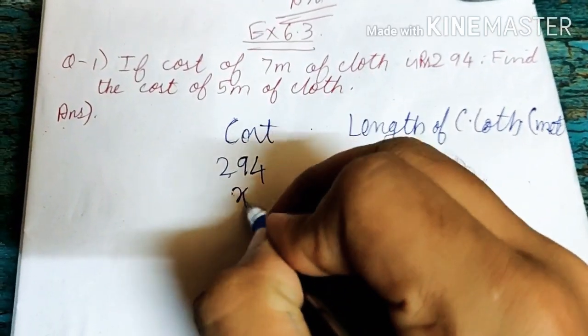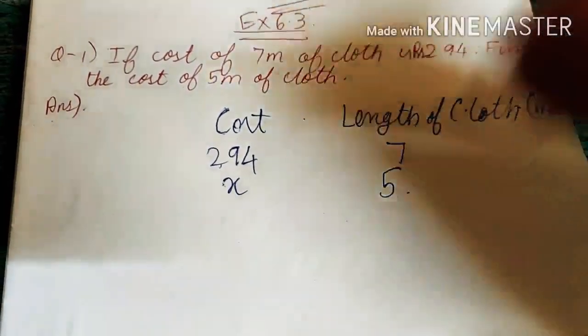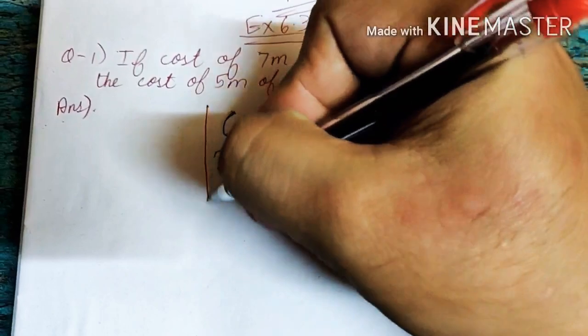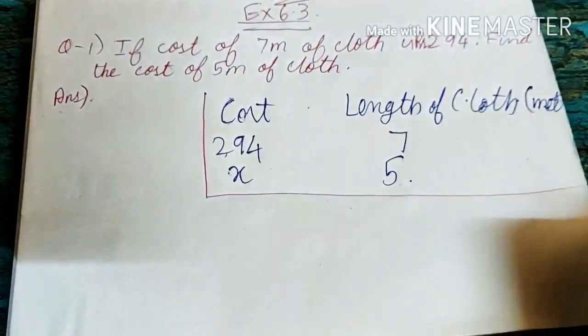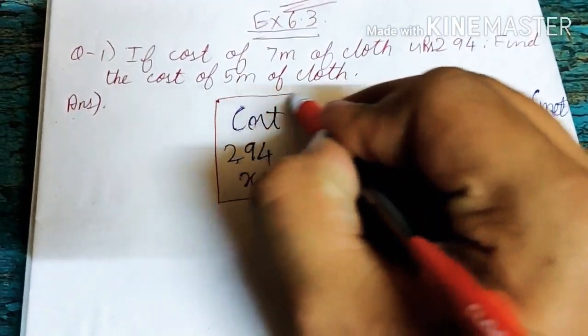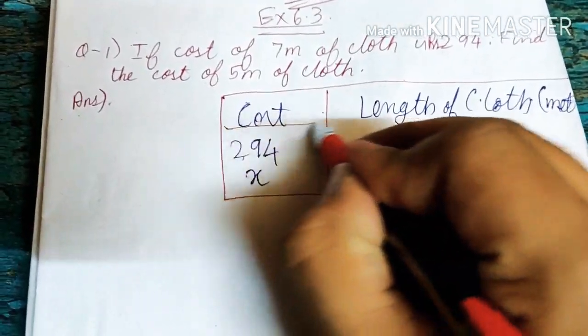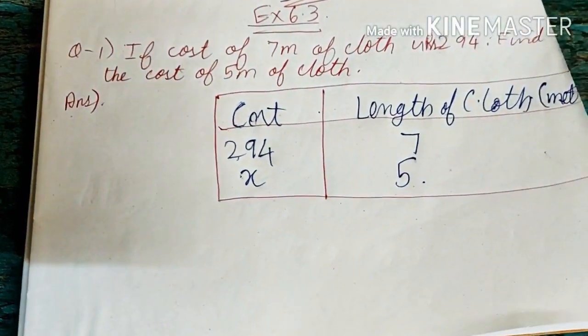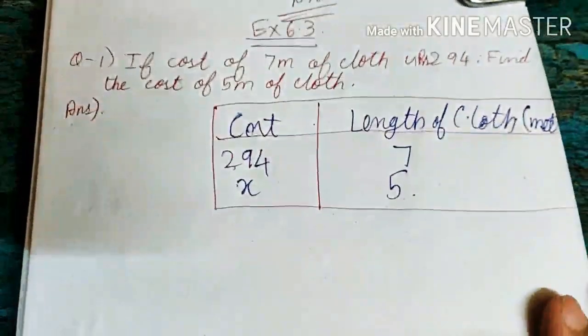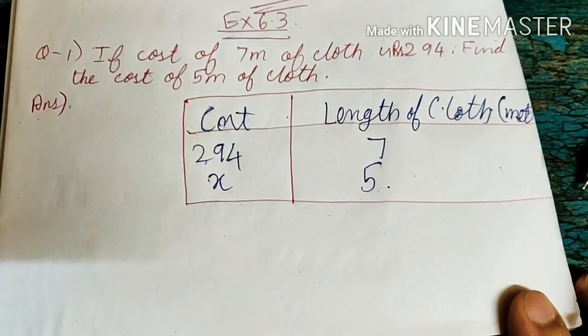So here we will take x. So this was the table here. Now we will check whether it is direct or inverse variation.